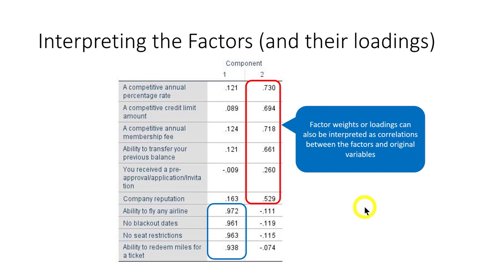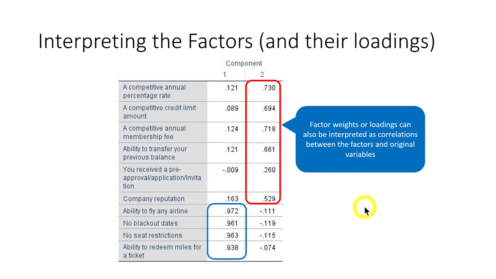While other variables, ability to fly any airline, no blackout dates, no seat restrictions, they load on another factor, which means factor 1 captures the information contained in those variables. So the meaning, the information contained in factor 1 is the information contained in these variables. And that is something that we can use to interpret factor 1.